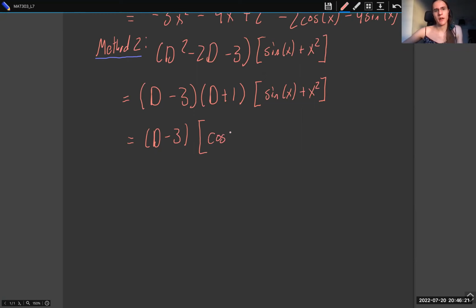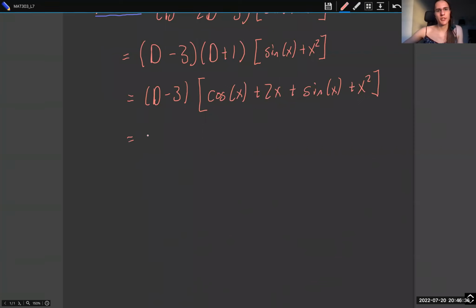We're going to get cosine of x plus 2x. And then we're not going to differentiate that, and we're going to get sine of x plus x squared. And then we're going to differentiate all of that. So we're going to get minus sine of x plus 2 plus cosine of x plus 2x. And then we're going to not differentiate all of this and subtract 3 times that.